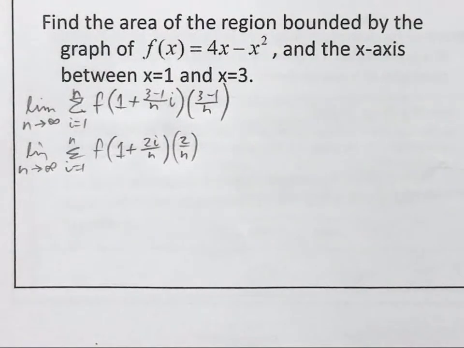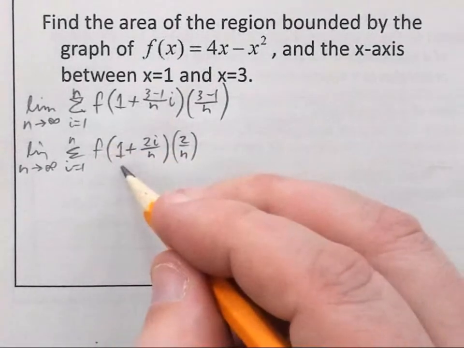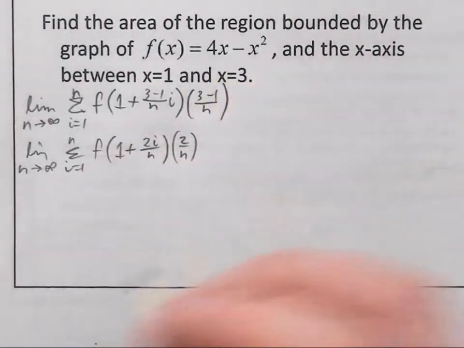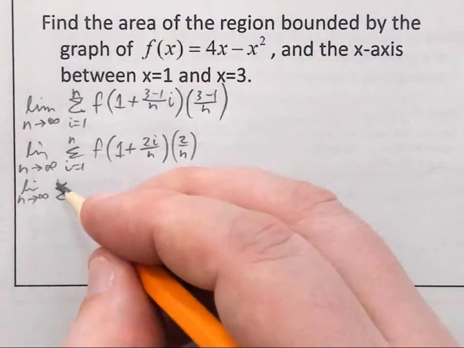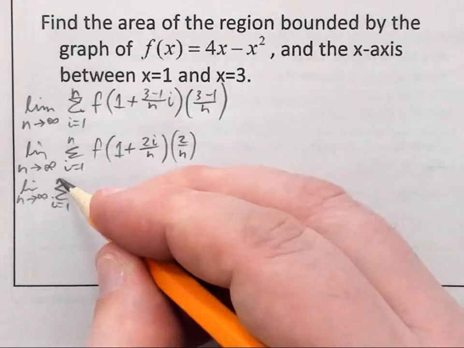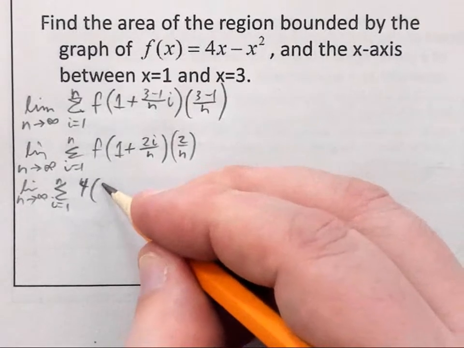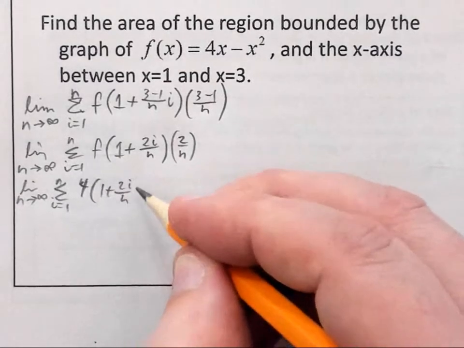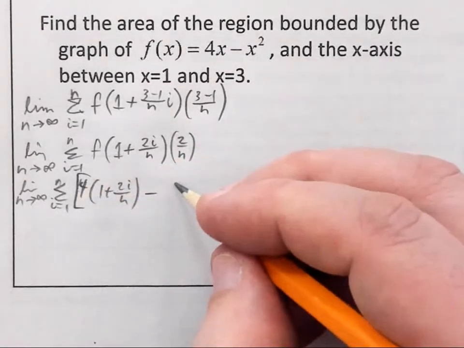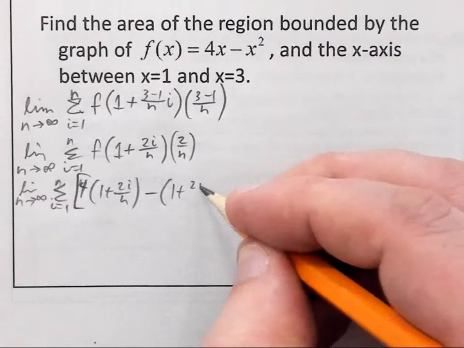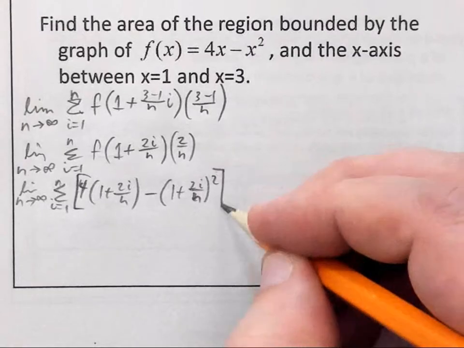Now, I'm going to plug in just this portion here that's inside the f function into the f function. So the limit as n approaches infinity of the sum as i goes from 1 to n of 4 times 1 plus 2i over n, minus that 1 plus 2i over n squared, all of that times the 2 over n.